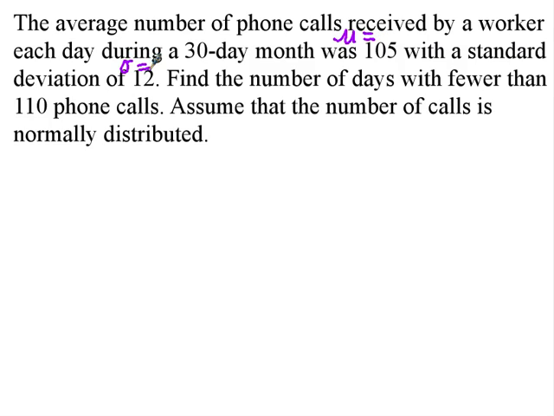Now, when I think about z values, this is going to be what my x value is, 110. So what I'm going to do now is create a z value. I'm going to find what 110 is. So I've got x minus 105 divided by 12. So what is your z value going to be here? Which is what as a decimal?